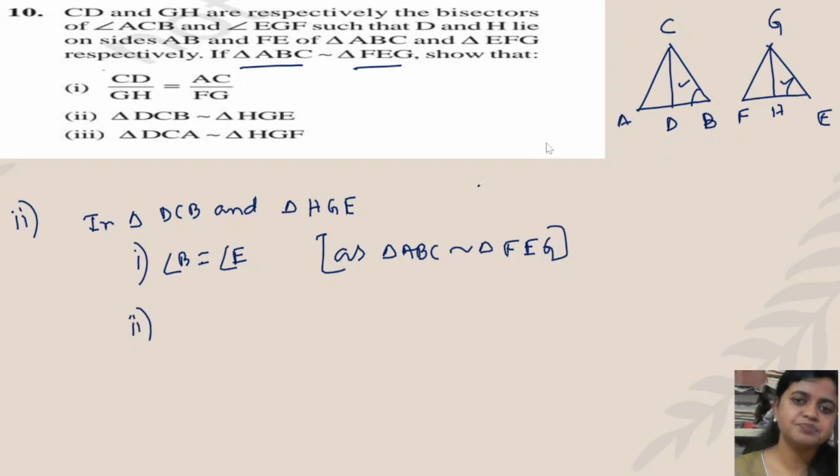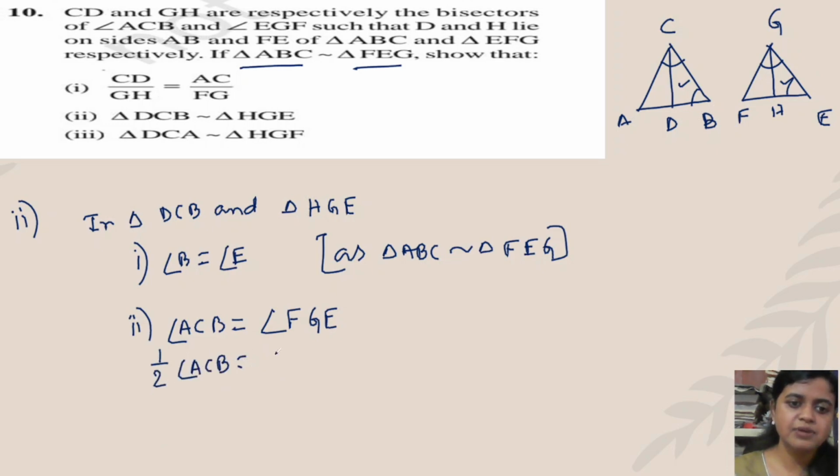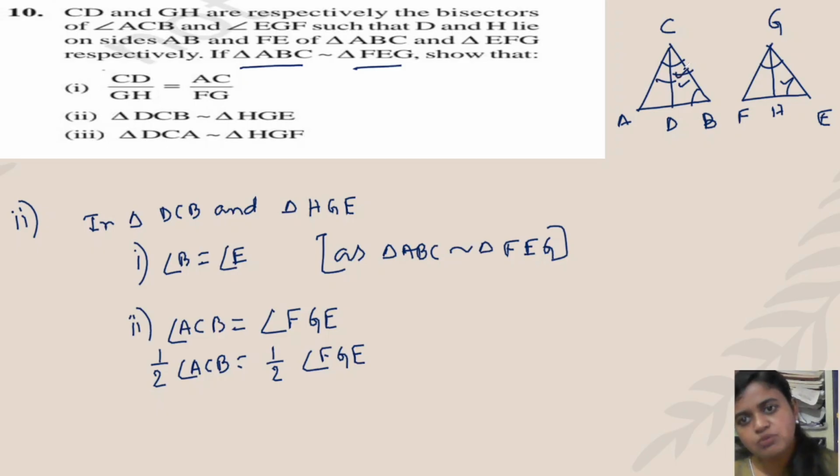Next, number 2. As this angle equals this angle, by this condition you can write angle ACB equals angle FGE, and since the full angles are equal to each other, if I halve them, half of angle ACB equals half of angle FGE. So if I halve AC, you'll get two portions, this one and this one, but we have to take this angle because we want to prove this triangle.